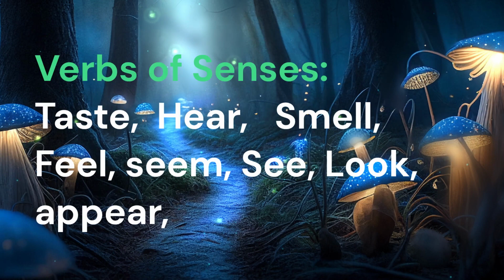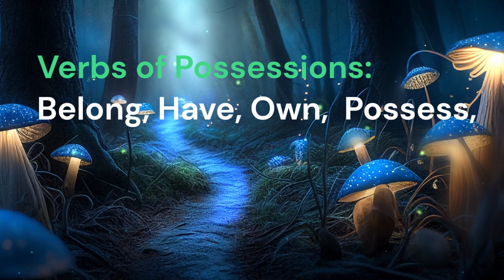And in the third category, some examples of senses based stative verbs are taste, hear, smell, feel, seem, see, look, appear, and so on. And some examples of possessions based stative verbs are belong, have, own, possess.